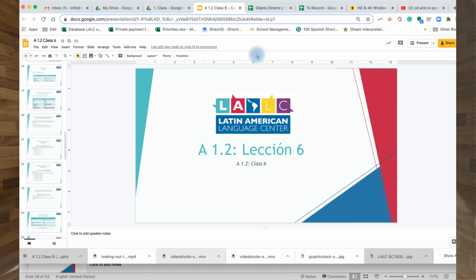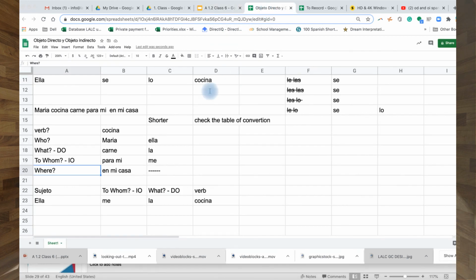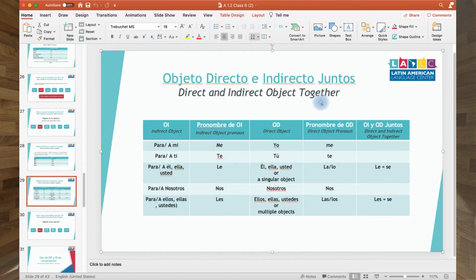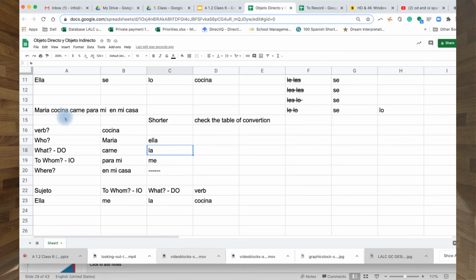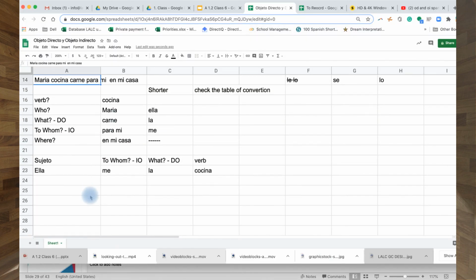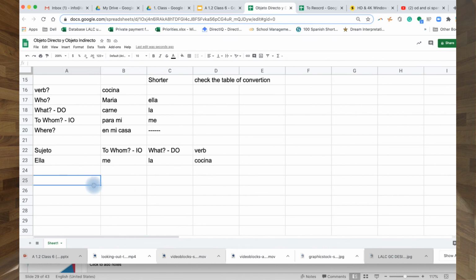It's very important that you use the table of conversion, this one. Okay, so let's do one more maybe. Let's do a case where you don't have a direct object, for example, or you don't have an indirect object. For example, ella canta una canción. She sings a song.